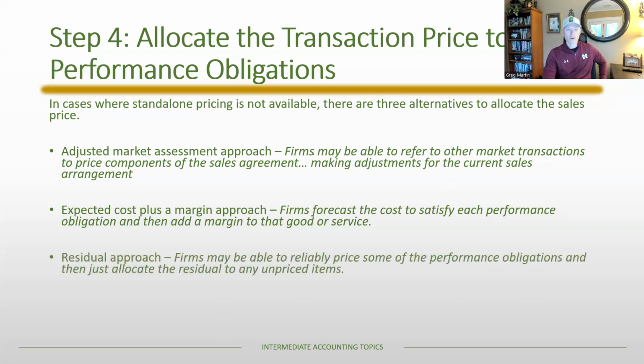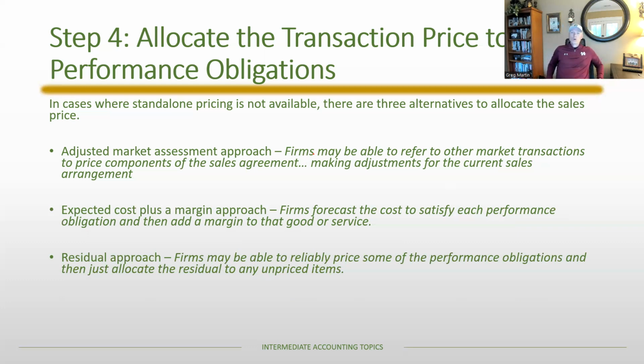And then finally, the residual approach is where you can reliably price some of the obligations, but not all, or you have standalone pricing for some, but not all. And in that particular case, you would allocate the residual to any unpriced item. So let's say I have 2 items or 3 items, and I can reliably estimate 2, but not the third, or I have standalone pricing for 2, but not the third.